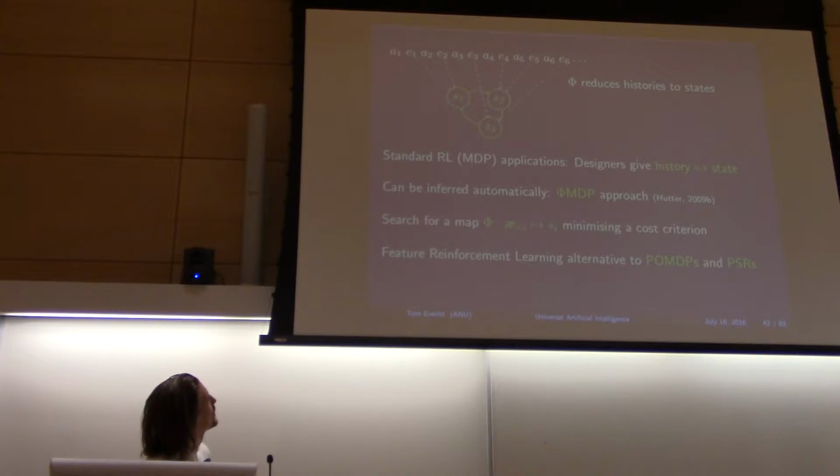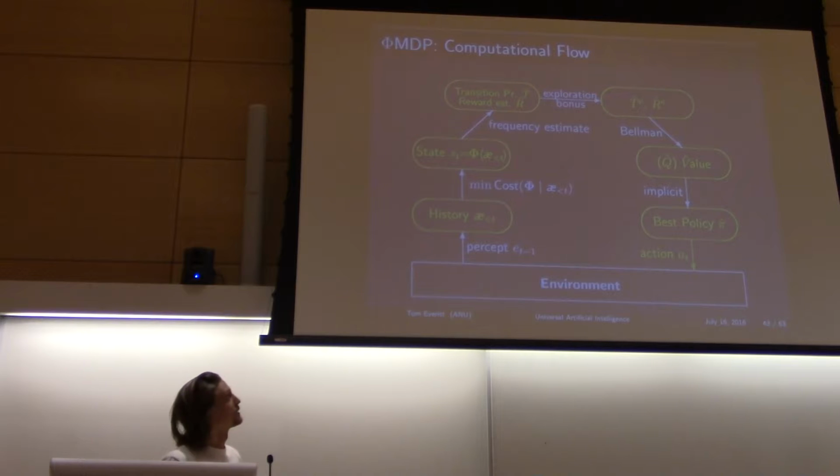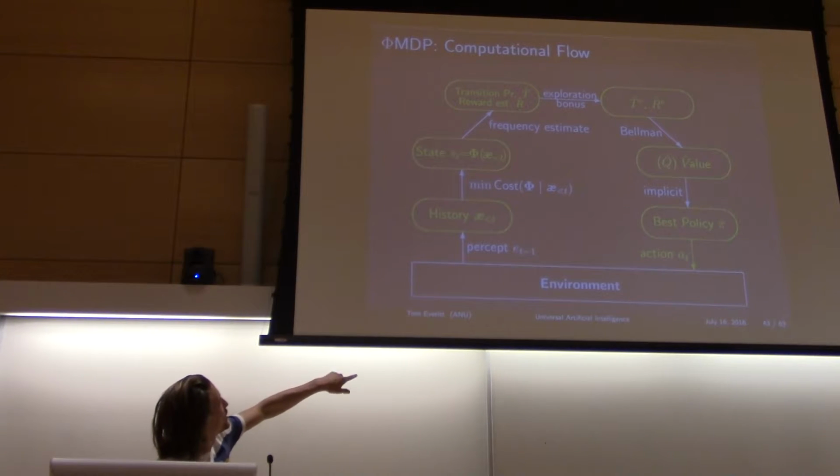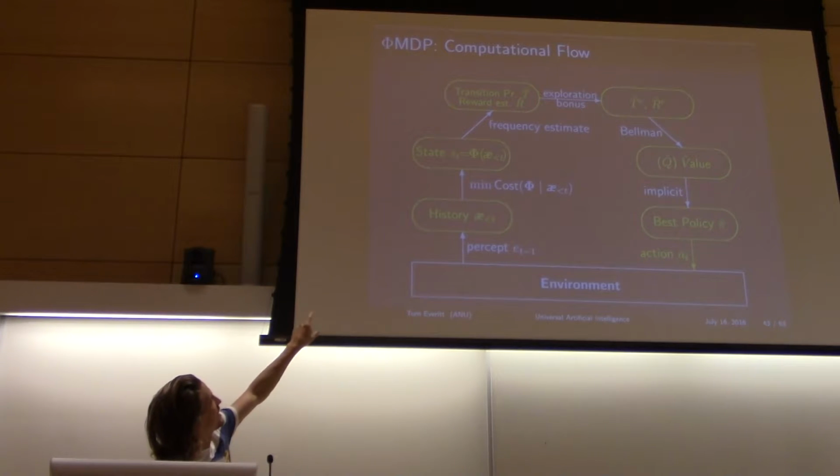Feature reinforcement learning, you could say it's an alternative to partially observable MDPs and to predictive state representations. Basically what happens is that the environment generates a percept. This is included in the history. The agent searches for a map phi that takes histories to states and tries to minimize some cost of this phi.